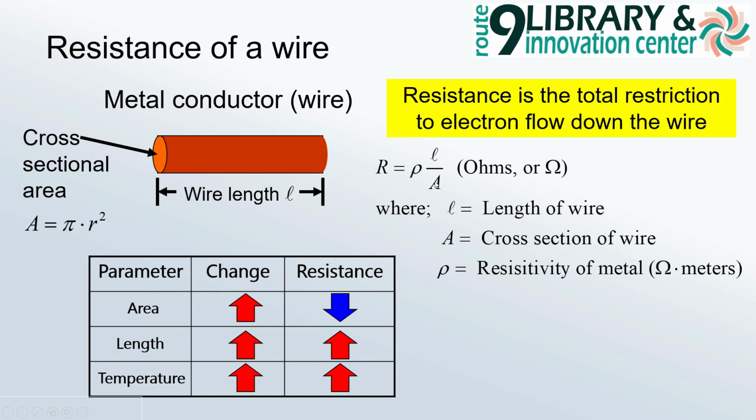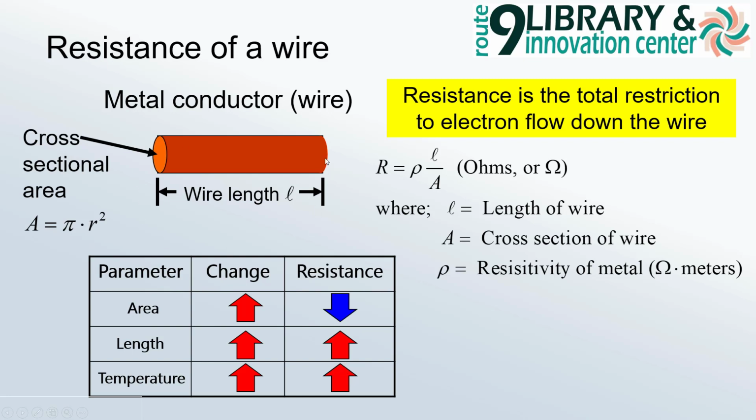If I make A bigger, the denominator is bigger, which means this whole factor gets less, or R gets less. If we increase the length of the wire, the resistance should increase. And we can see that here because the numerator increases in L, which is directly proportional to R. And then again, that side note, if you increase temperature, the overall resistance will increase as well.